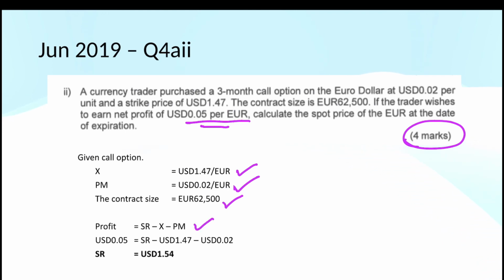You don't have to multiply with the contract size because the net profit is per unit. So you put the profit here, 0.05. SR we do not know. We have to find this spot rate minus 1.47 minus 0.02. So the spot rate here is 1.54. So you will get 0.05 per euro for the profit.